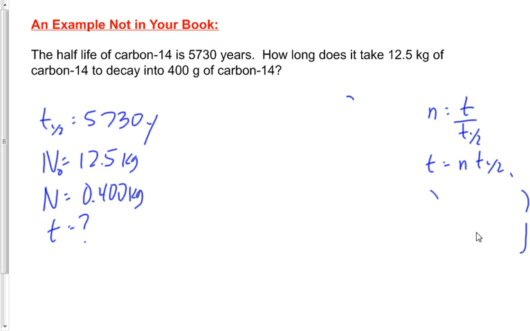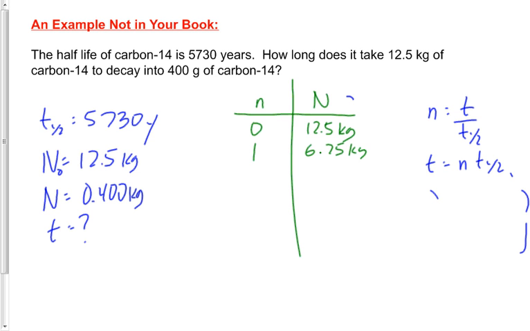I'm going to make a little chart. After 0 half-lives, in other words, no time has gone by, I have 12.5 kilograms. After 1 half-life, I've got half of that, right? Statistically, at least. 6.25 kilograms. After 2 half-lives, I've got half of that, 3.125 kilograms. Just keep dividing by 2, hence the divide by 2 method.